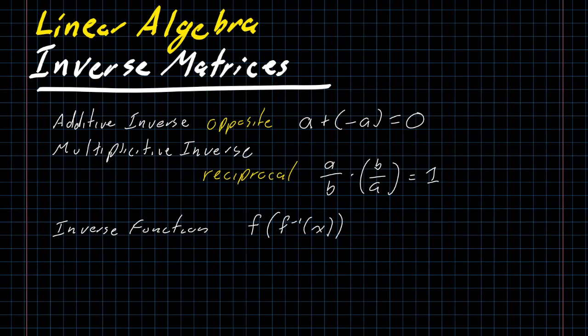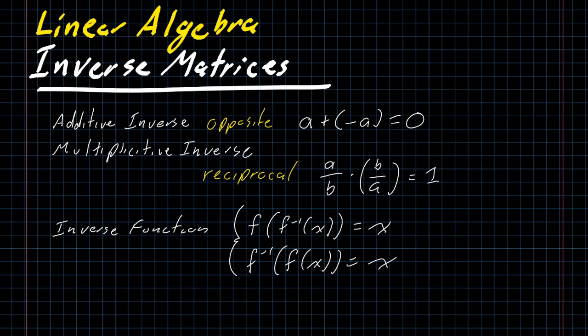And an inverse function is defined under composition. f of the inverse of f evaluated at x is x, and f inverse evaluated at f of x is equal to x. That last one is really the idea that we're looking at when it comes to the inverse of a matrix.